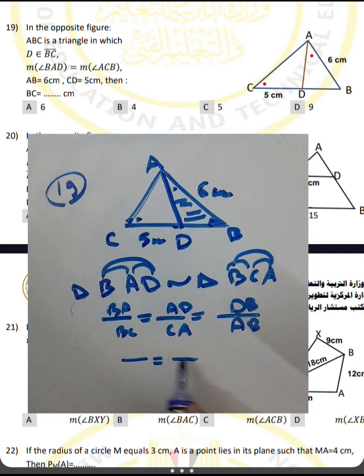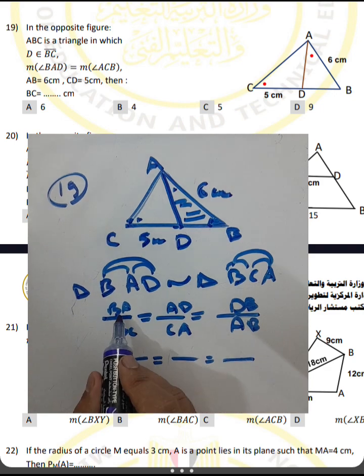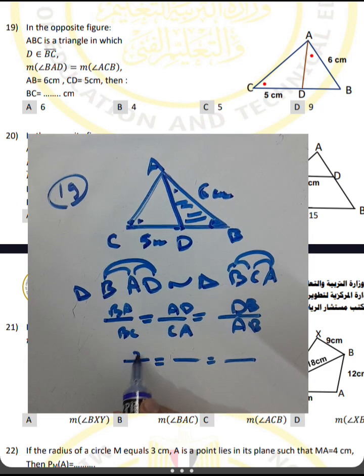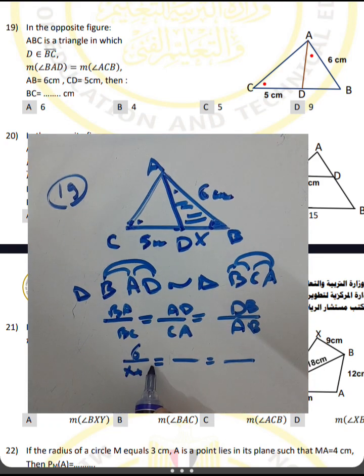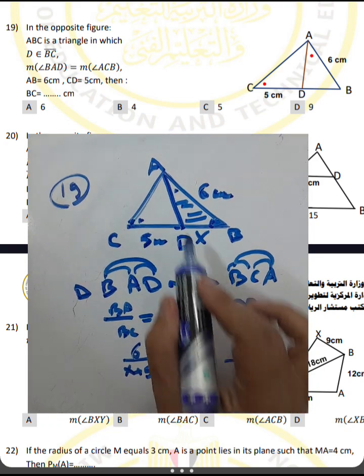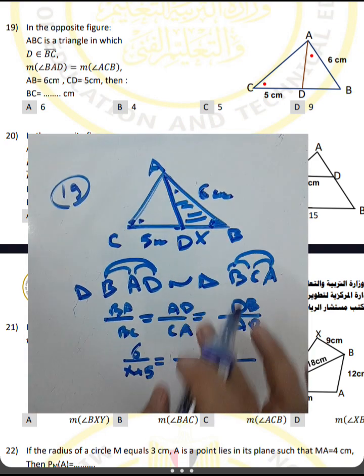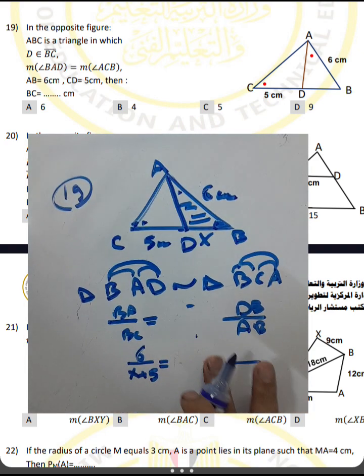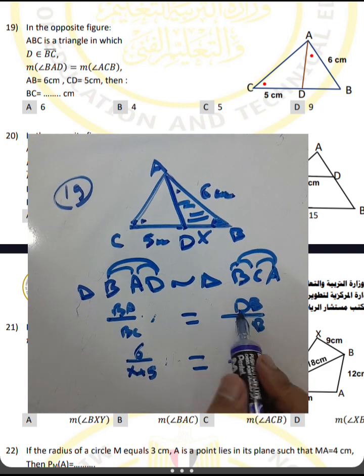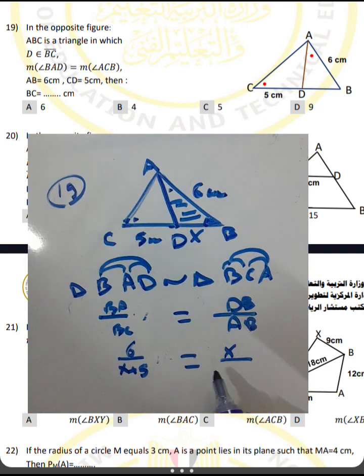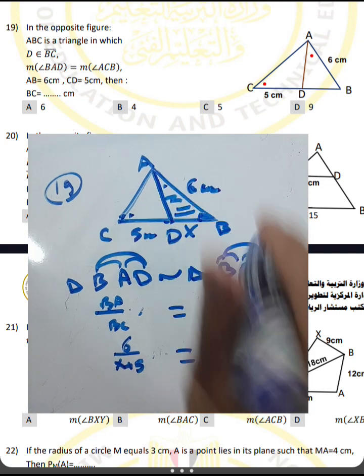And then you can write the result. He gave us BA was 6, BC equals x plus 5, and AD I don't know, and CA I don't know, so I can cancel this because I don't know the result. Okay, and write DB was x and AB was 6.